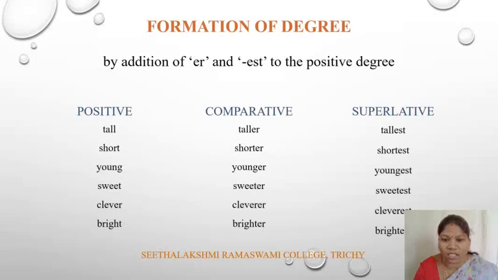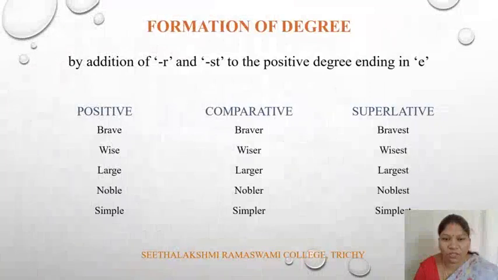Tall, taller, tallest; short, shorter, shortest; young, younger, youngest; sweet, sweeter, sweetest; clever, cleverer, cleverest; bright, brighter, brightest. By addition of r and st to the positive degree ending in e. Brave, braver, bravest; wise, wiser, wisest; large, larger, largest; noble, nobler, noblest; simple, simpler, simplest.